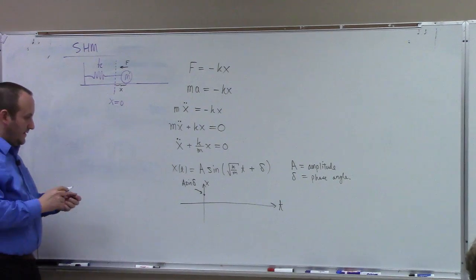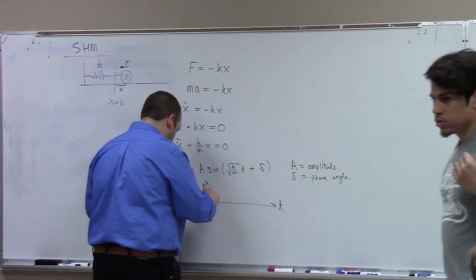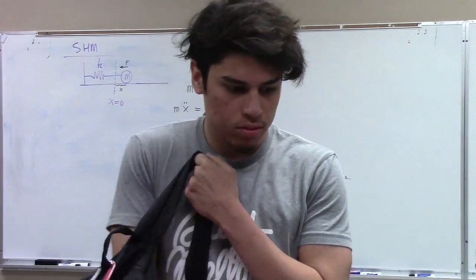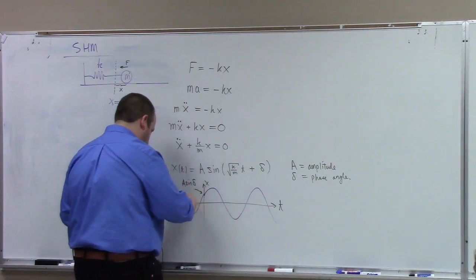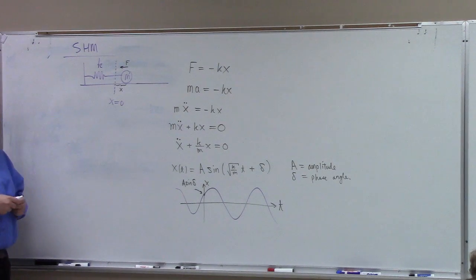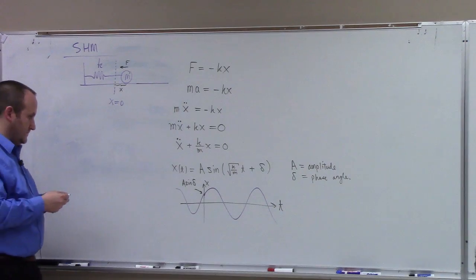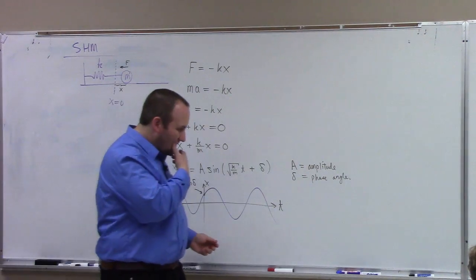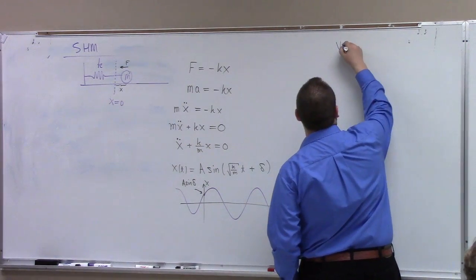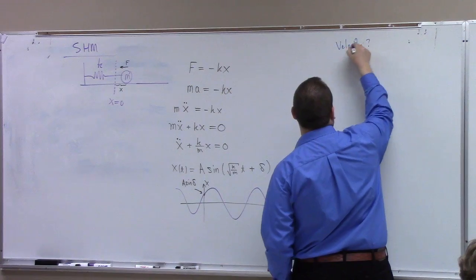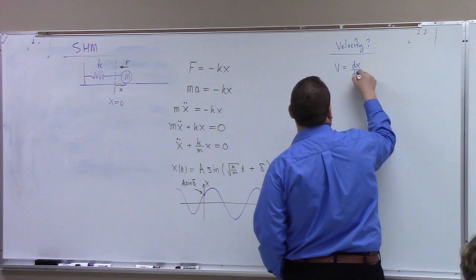That's its initial position, and then it waves. What's its initial velocity? What's the velocity of this spring? How about dx/dt?